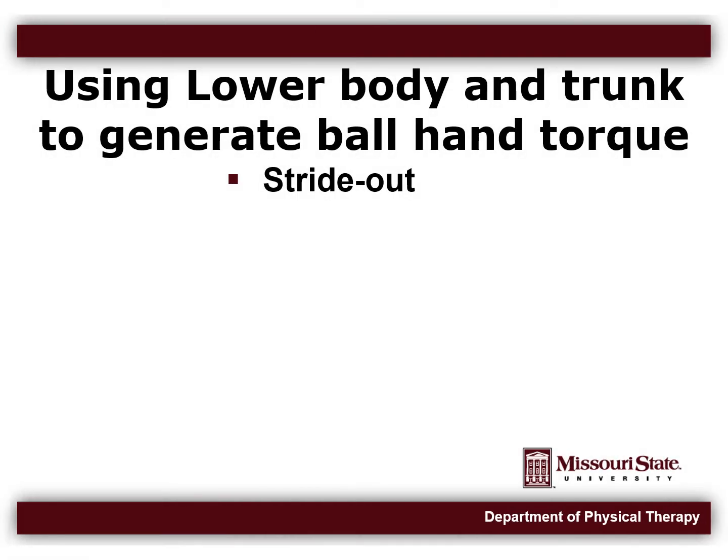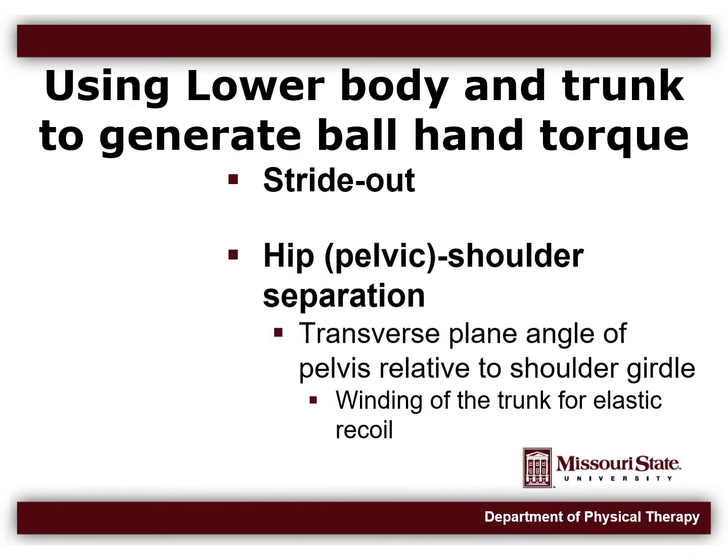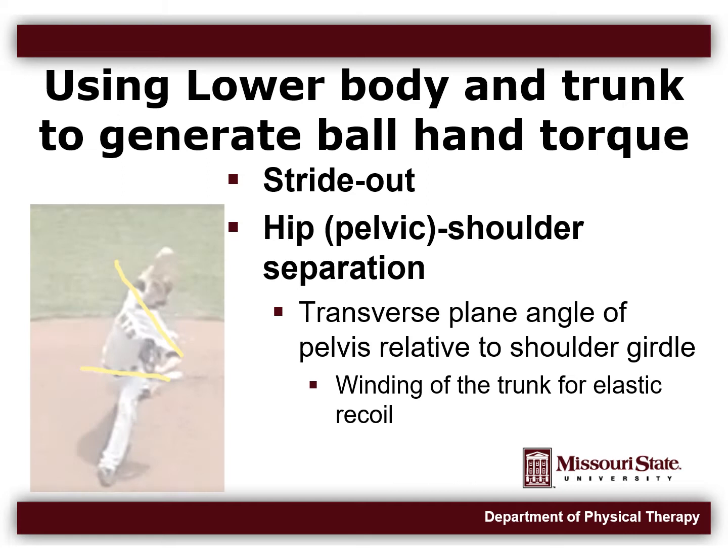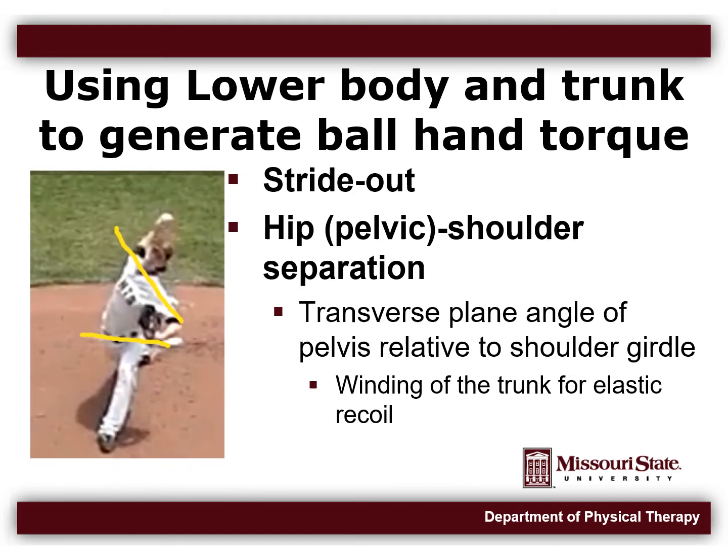One of the most important things that you can do to help youth pitchers is to keep them from trying to get all the power of the throw with just their arm. So they need to use the stride out in order to generate the torque by generating that rotation through the lower body, as we had described in the last talk about pitching and throwing, and what they call hip-shoulder separation in the baseball jargon.